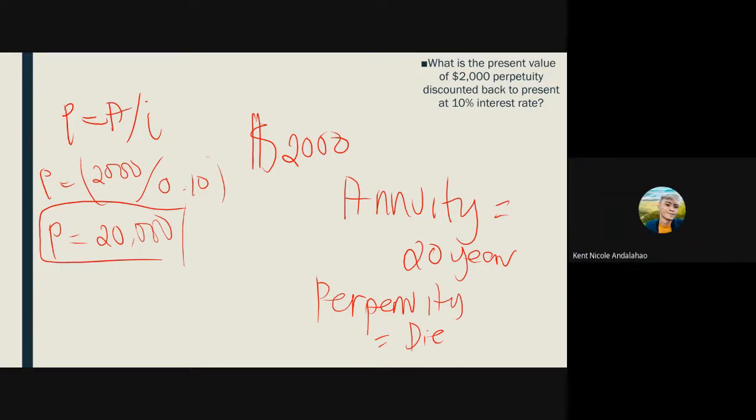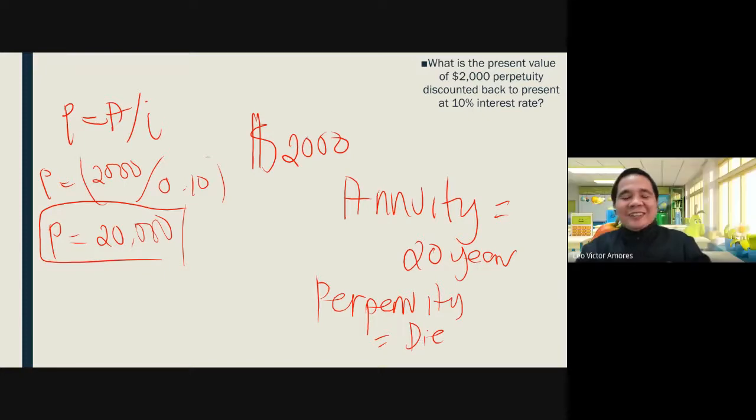Annuity service. Basically it's for pension plans. When you are already working and you retire at the age of 60, you get insurance or pension from SSS.